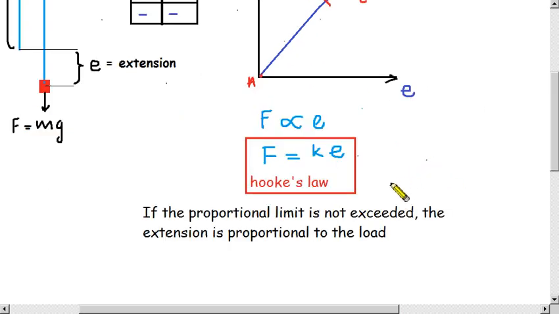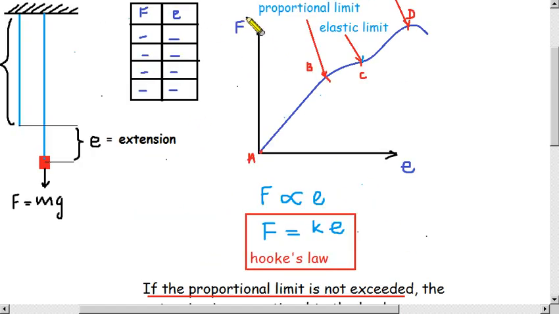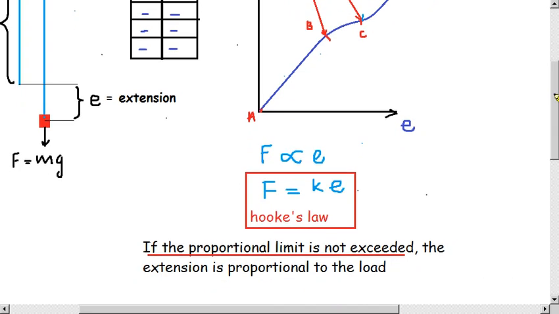So children, what is Hooke's law in words? If the proportional limit is not exceeded, and you must say this term, the extension is proportional to the load. Load means this F, force. That law is only valid up to this point.